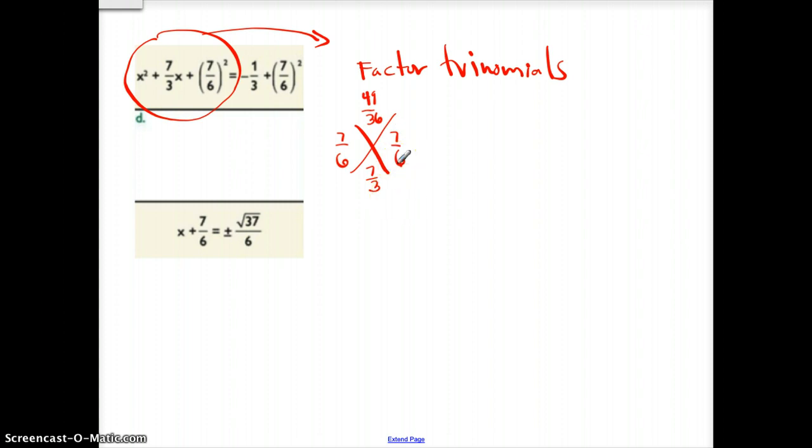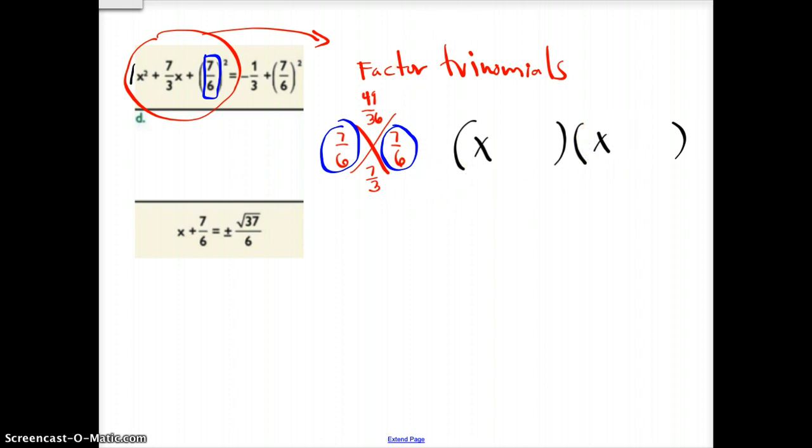I know it doesn't look like it, that is really weird, but this number and this number must be the same, and that number is already given to you. The top number is this number squared, the bottom number is still the b value, and these two mystery numbers are exactly the same every single time. We've learned that when our leading coefficient is 1, that was our first goal in factoring using completing the square, these two will always be exactly the same, and we can skip the box portion.